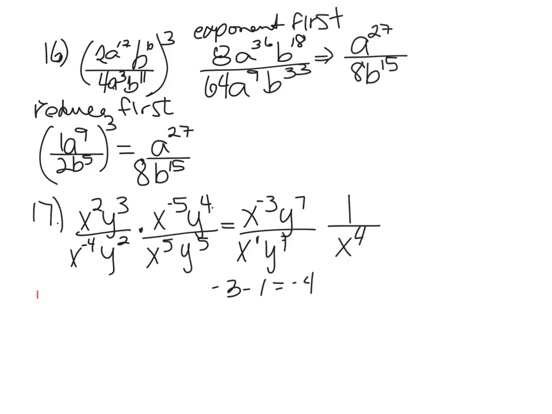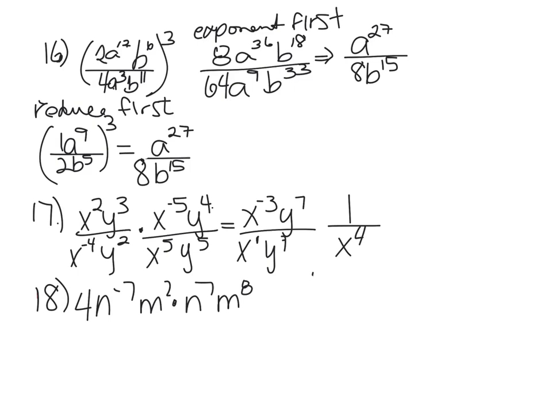So number 18 is 4 n to the negative 7 m squared times n to the 7th m to the negative 8.